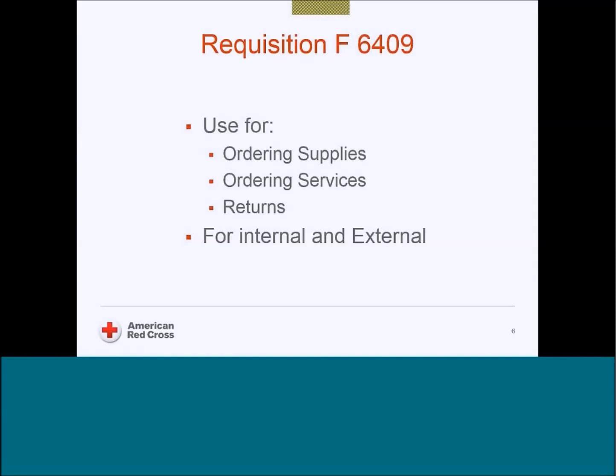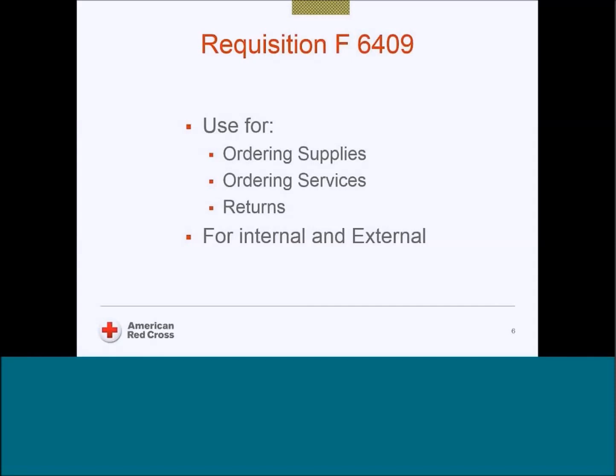And we also use the 6409 on a DRO for both internal use and external use. So for ordering outside of the DRO, say like to a supplier, the DFSCs will use it.